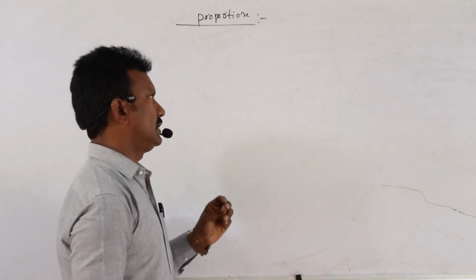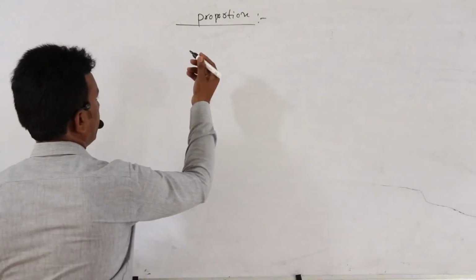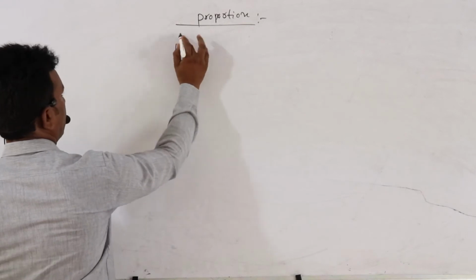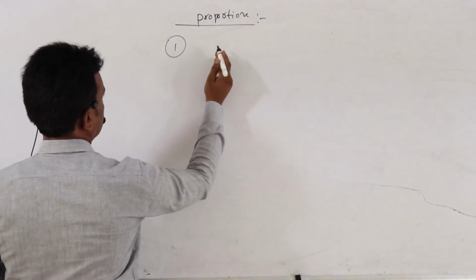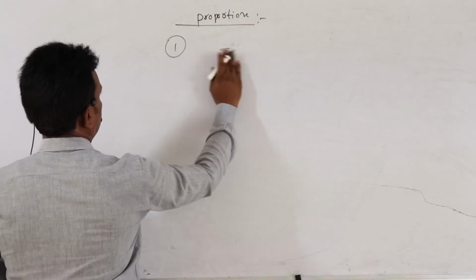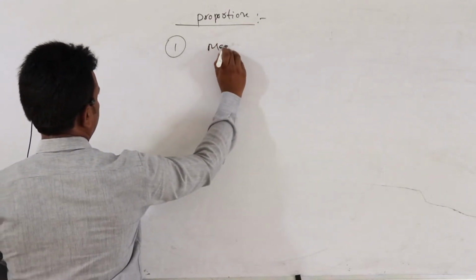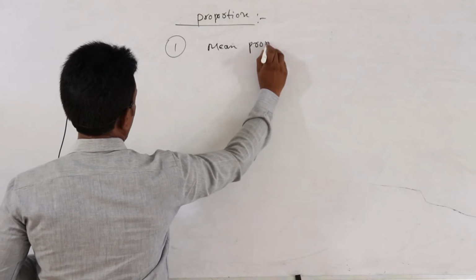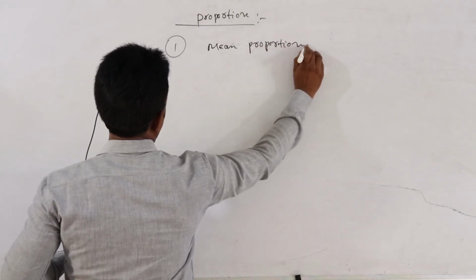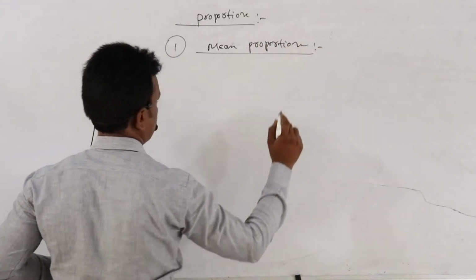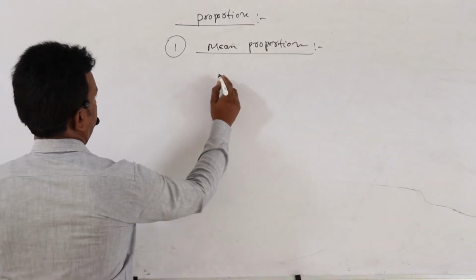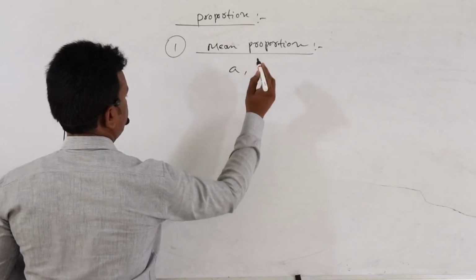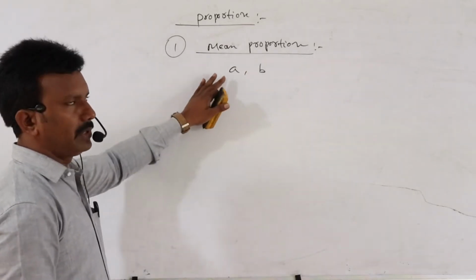First we will discuss mean proportion. Suppose A and B are two numbers.